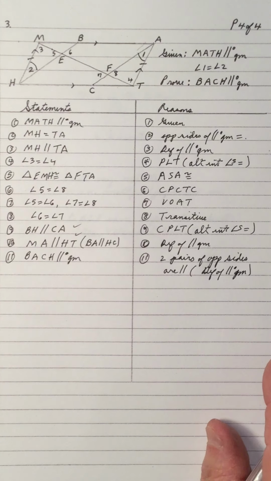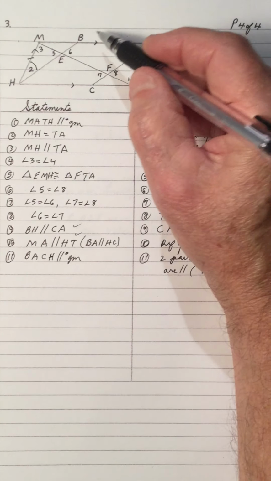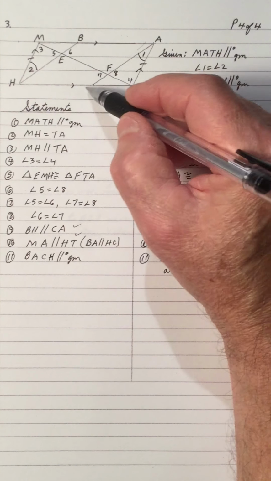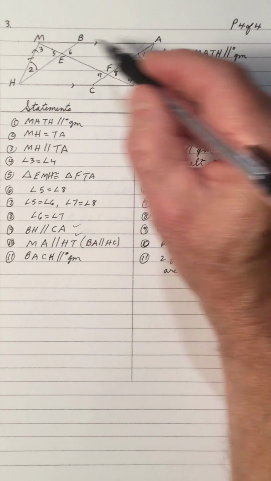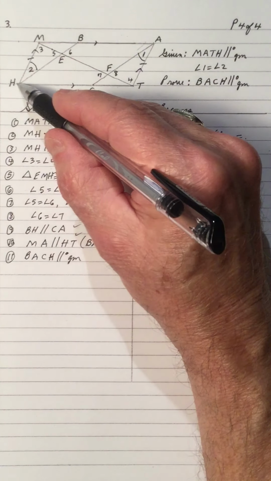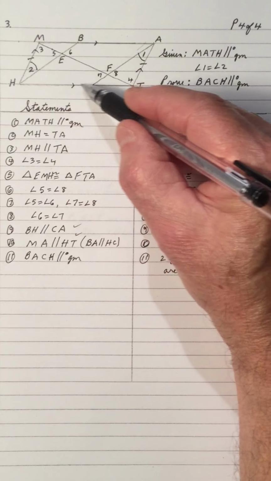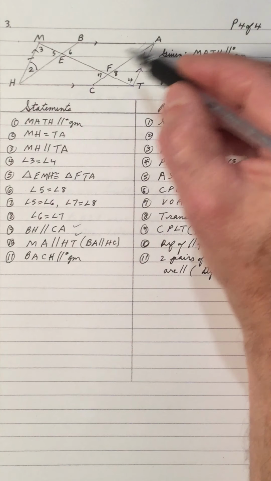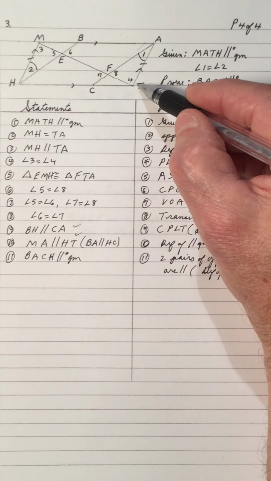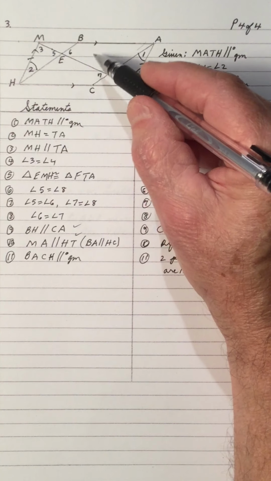So very tricky. For a second there, I was just looking to see, and I said I got these parallel, so I needed another pair, and that's this one. MA is parallel to HT, so that gave me BA parallel to HC.